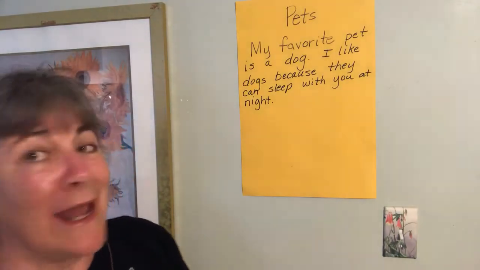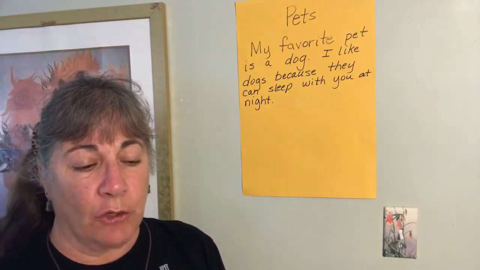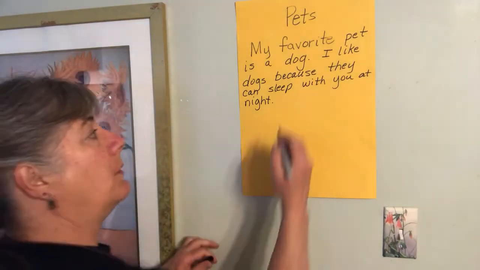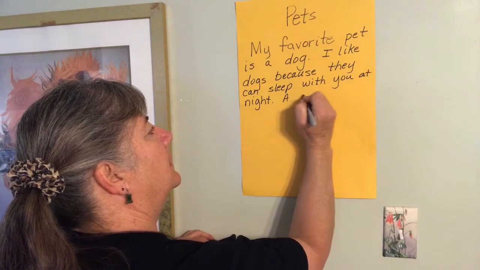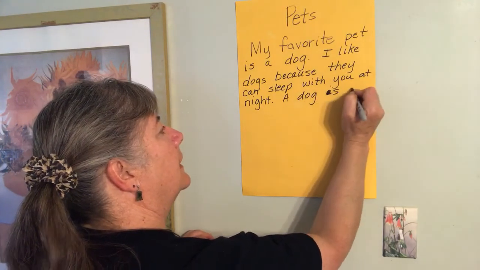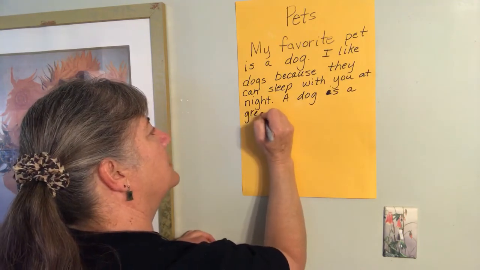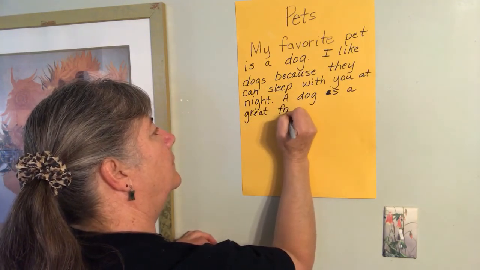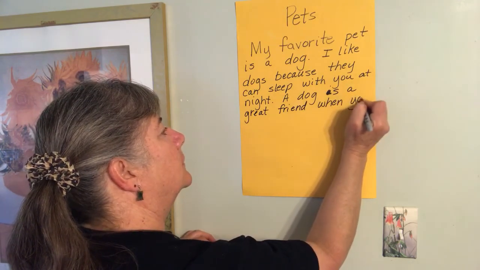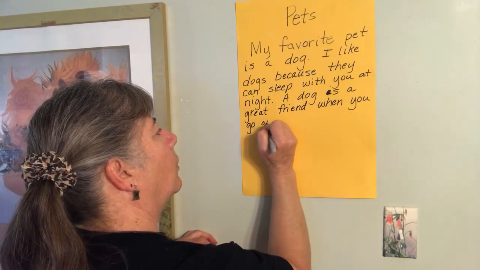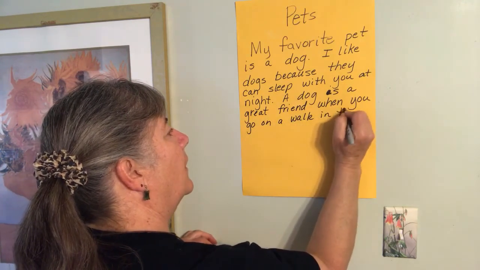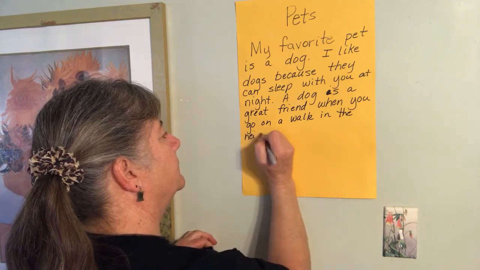All right, how about another detail? A dog is a great friend to have when you go on a walk in the neighborhood. I would agree with that. A dog is a great friend when you go on a walk in the neighborhood.